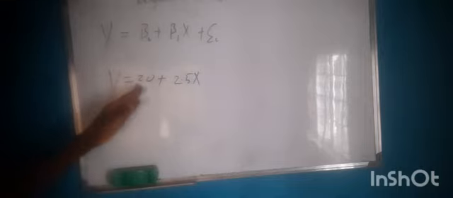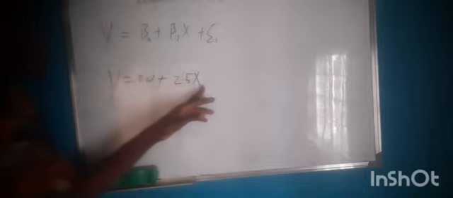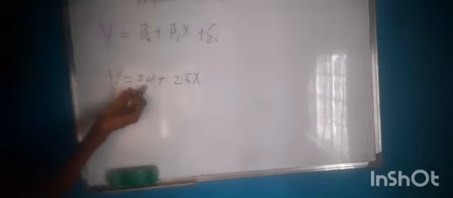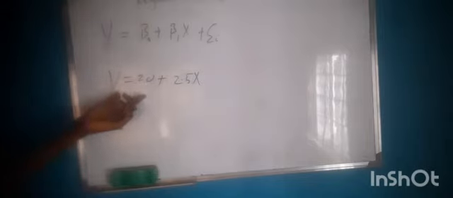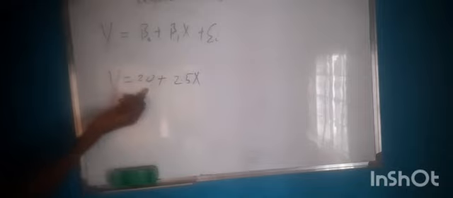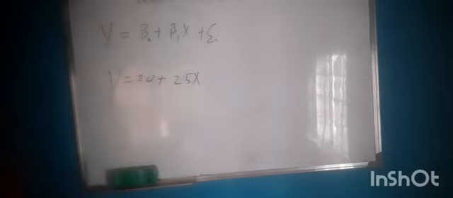Now this beta naught, when x is equals to 0, you have 20. The beta naught is the expected value of y when x is 0.